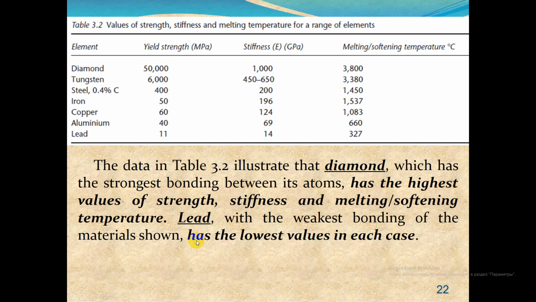And the data in the table illustrate that diamond, which has the strongest bonding between its atoms, has the highest value of strength, stiffness, and melting and softening temperature.